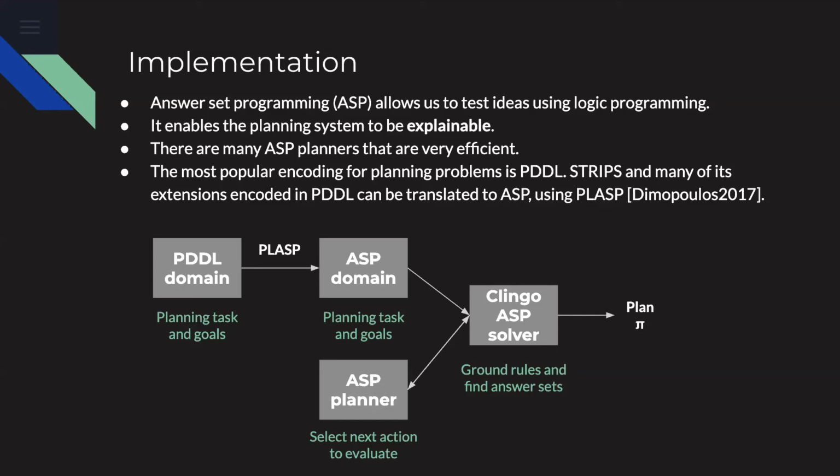So basically, we can take an ASP domain, and then what we did was develop an ASP planner that takes into account the actions along with the utilities or possible prohibitions that a domain can have ethically, and then we apply the Clingo ASP solver in order to run the rules and find the answer sets.